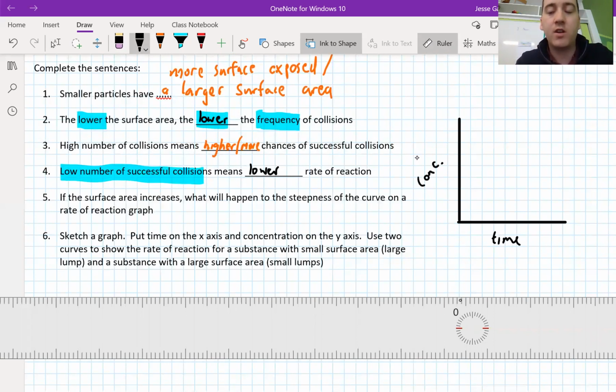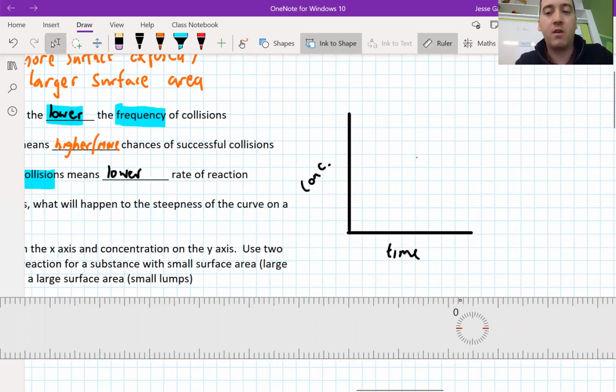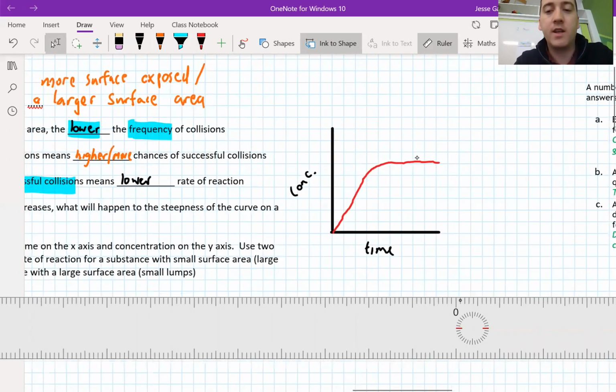You should know what I'm doing here, because you should have watched that video already. I'm going to show how the volume or the concentration of products changes over time. So here's a red line showing the products going up, up, up, and leveling off, and then stopping to change. This here is showing products.